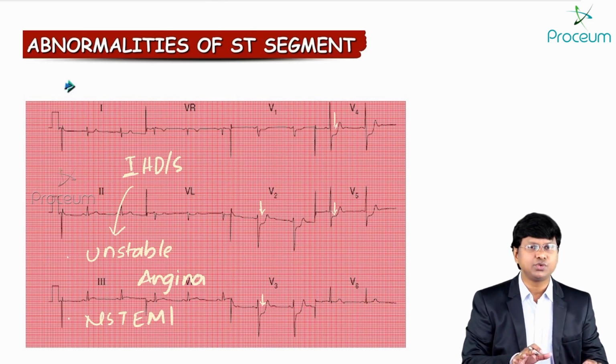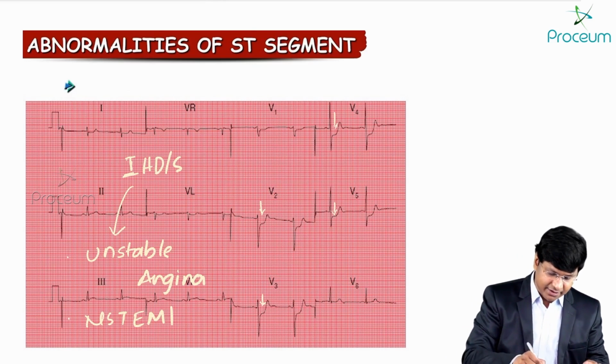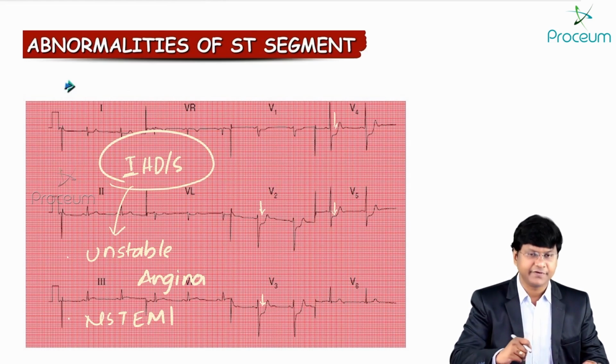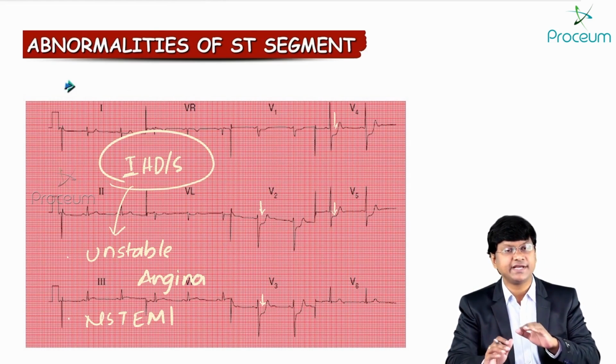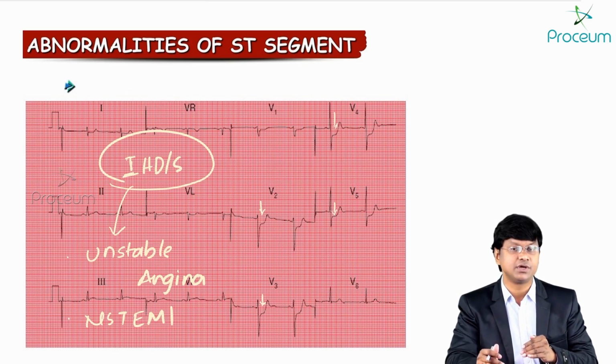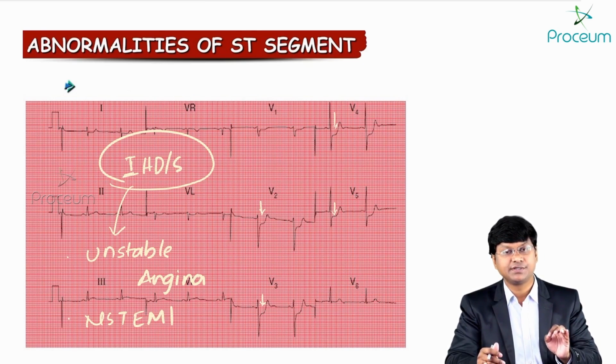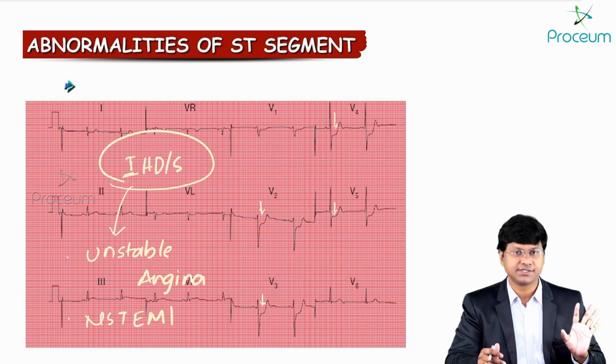So these are the two things I can consider if there is a background history of ischemic heart disease. How will you differentiate these two? Based on ECG, I cannot differentiate unstable angina from non-ST elevation MI, because in both of them there is ST segment depression. I differentiate them by the cardiac biomarkers.